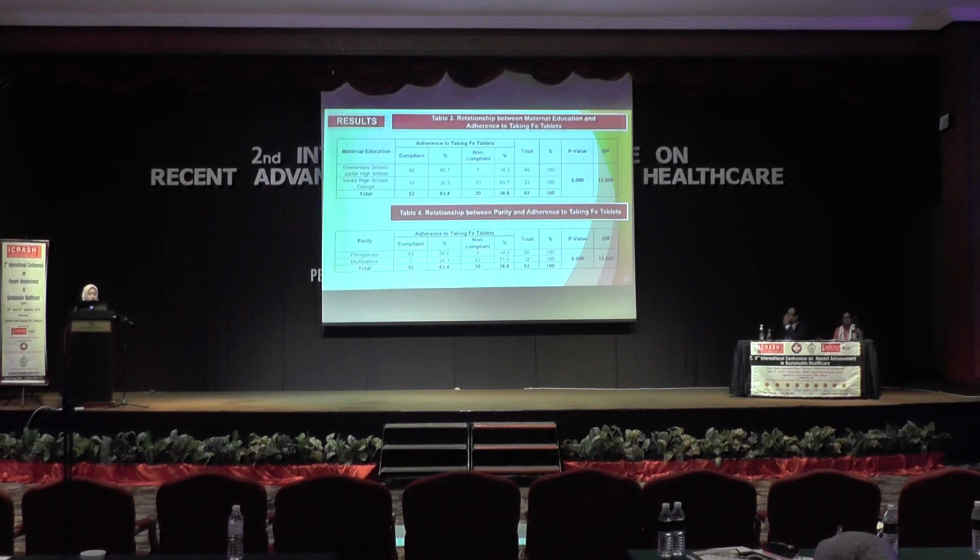From table 4, of the 50 primiparous mothers, 86% were adherent in taking FA tablets, and there were 32 multiparous mothers. The chi-square result gave a p-value of 0.000, and the odds ratio obtained was 15.7, meaning primiparous mothers are 15.7 times more likely to be adherent in taking FA tablets than multiparous mothers.